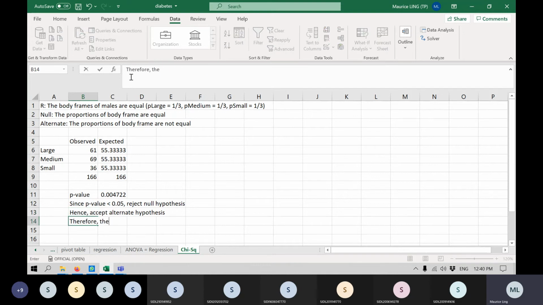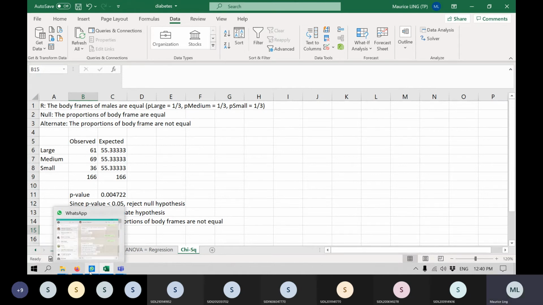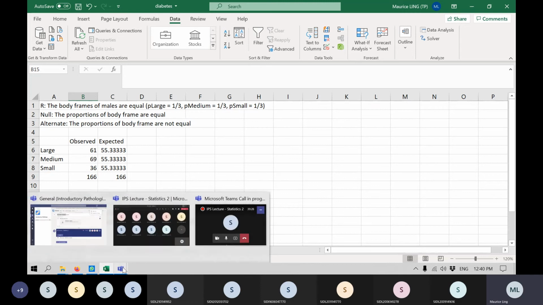Therefore, the proportions of body frames are not equal. So the chi-square test is very simple to do, and it's a very useful test. You do chi-square tests for genetics and for a lot of other things as well. Okay, any problem with this? With the chi-square test? Any questions?